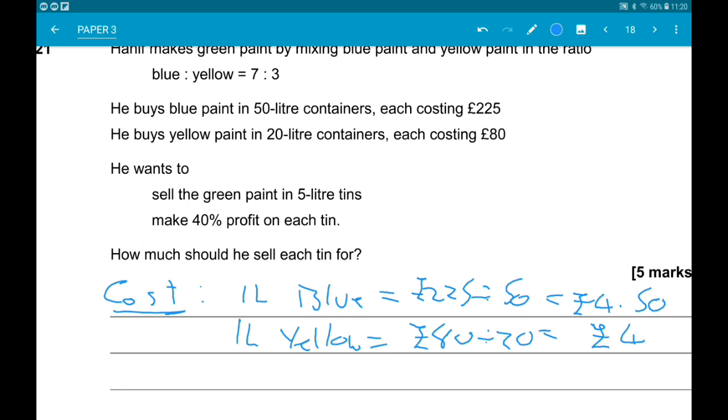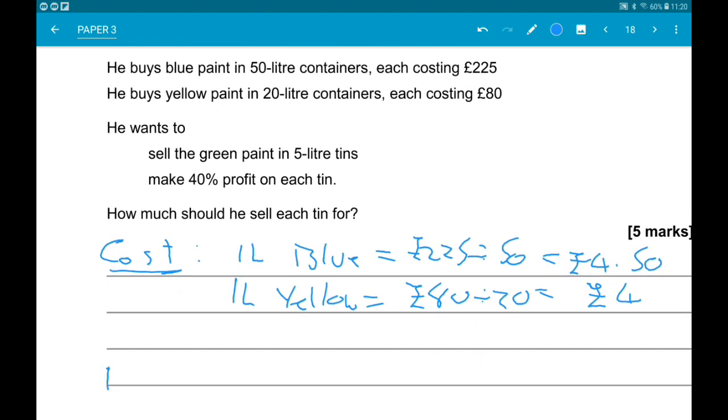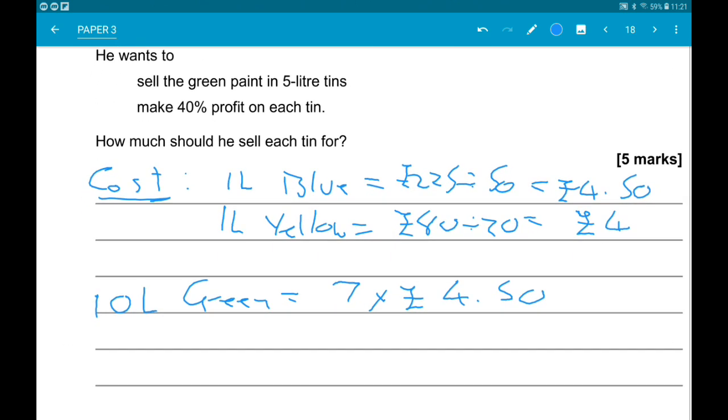So what we can do now is work out the cost of 10 litres of green paint. So that's 7 times 4.50, add 3 times £4.